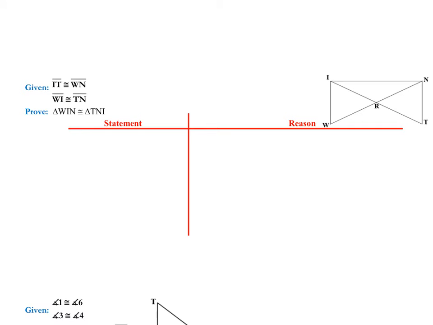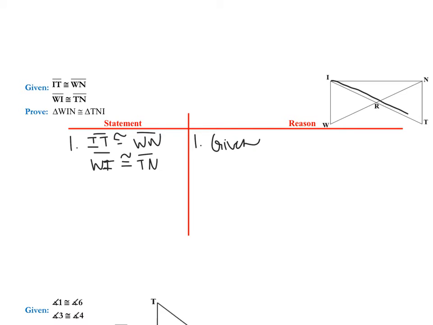Always start with our given. So IT is congruent to WN, and WI is congruent to TN. So IT, this full length here, is congruent to WN.